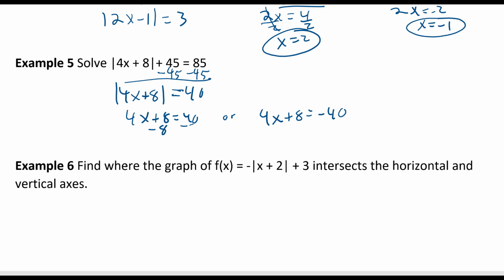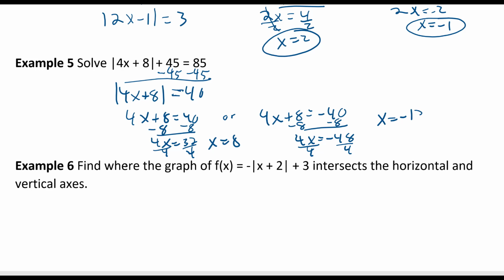So we subtract the 8. 4x equals 32. Divide by 4. So x equals 8 is one solution. Subtracting 8, 4x equals negative 48. And divide by 4. So x equals negative 12. So these are the solutions to this equation there.